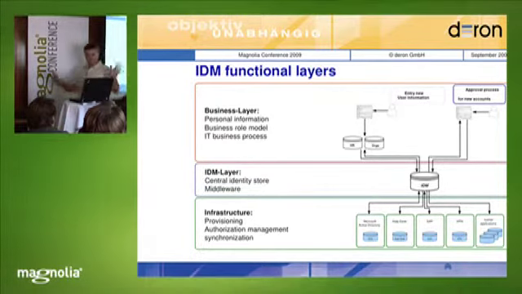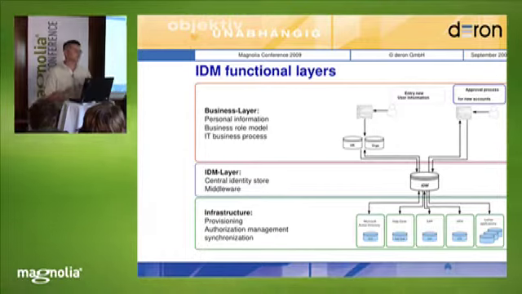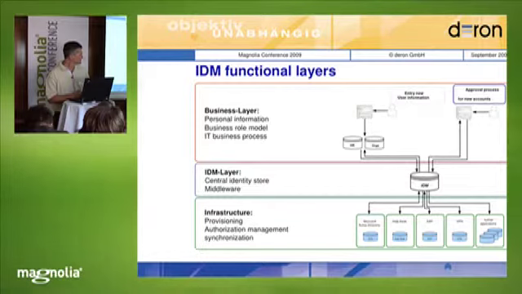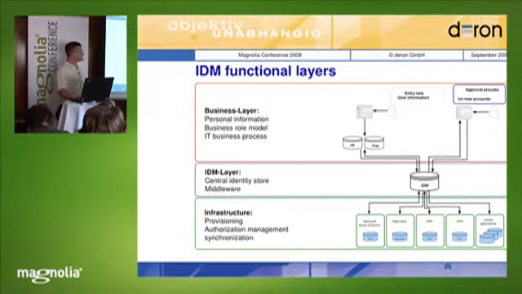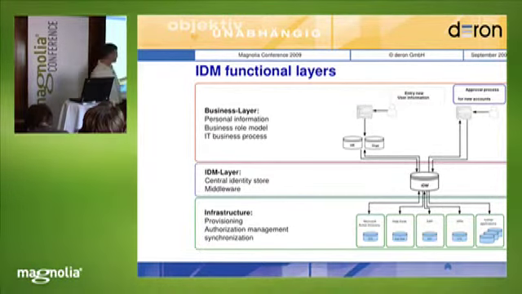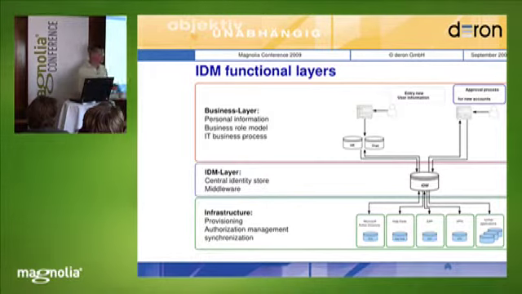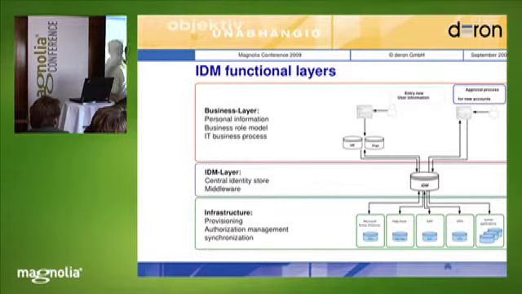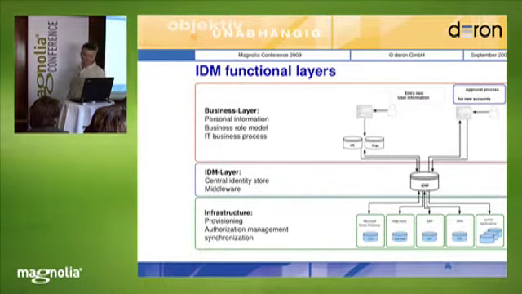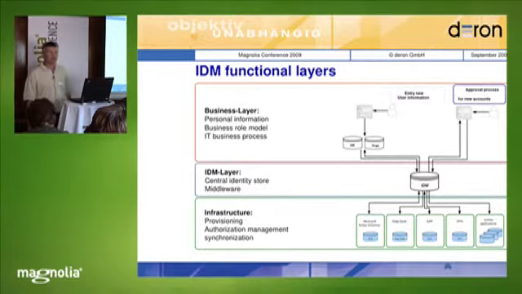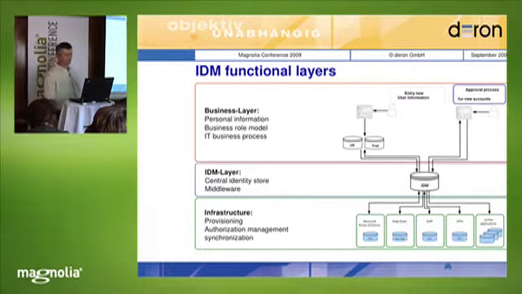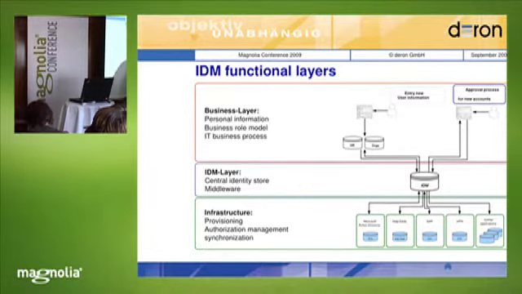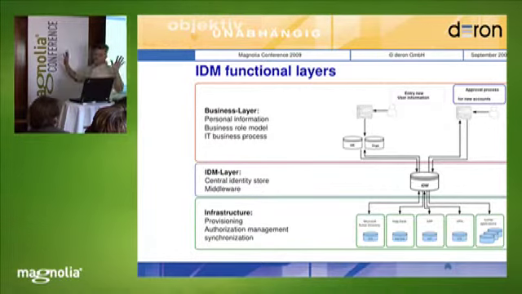Using rules, maybe simple rules or more complex rules, I will show you the differences later, they decide what provisioning process must start. Provisioning process means, okay, you have a new employee, so this employee needs an Active Directory account, email address, maybe something like VPN access.